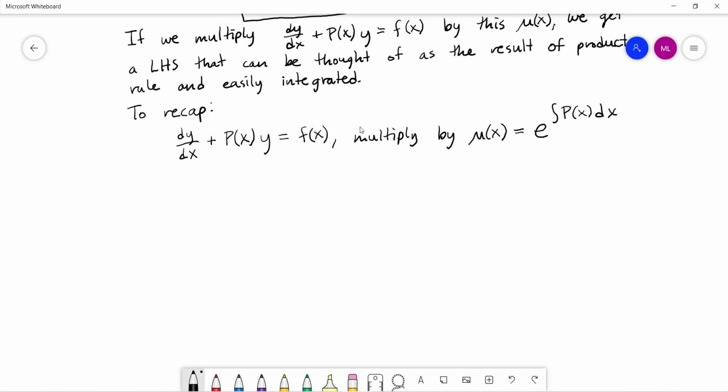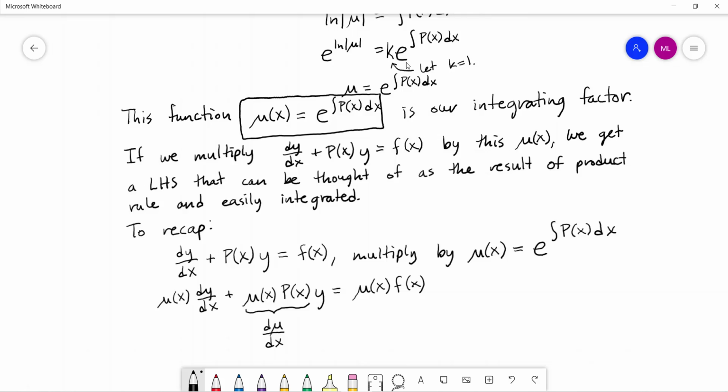Sorry, dropped my paper here. We'll get something, let's just do it generically. I think it'll be a little bit easier. Mu of x dy dx plus mu of x p of x y equals mu of x f of x. But this term, by design, the whole point of picking this particular mu is that this term right here looks like d mu dx.